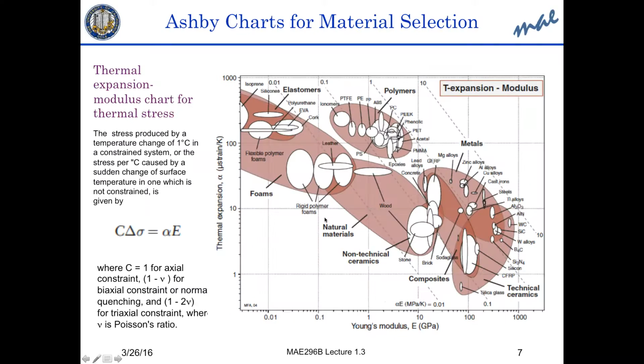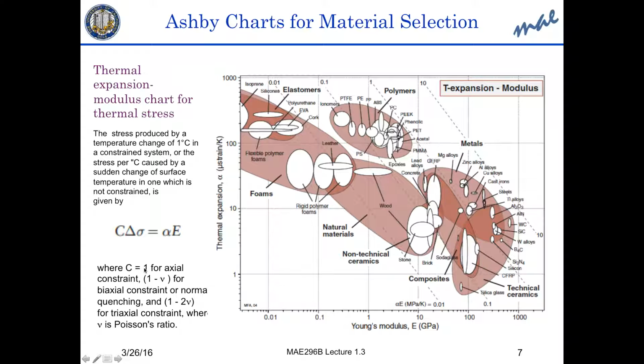The next property that we look at for design is the thermal stress. So we mentioned the strain, but in a lot of cases the component is designed not for the strain, but for the stress. So for the stress, we have to get into the modulus, because the stress, delta sigma, is alpha times delta T times the modulus E. So the stress per unit Kelvin is alpha E with a constant.